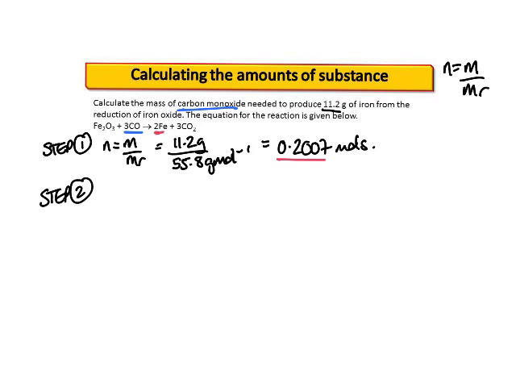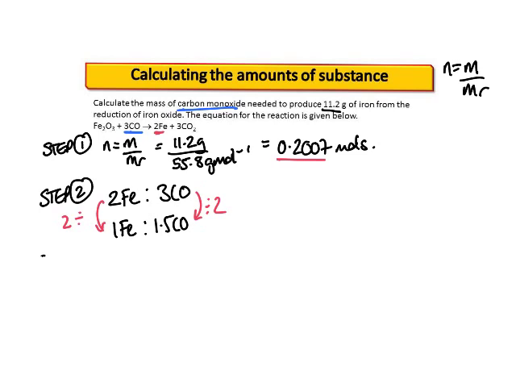So we can use the ratio that 2 iron gives 3 carbon monoxide. As you can hopefully see, we can simplify this by dividing both sides by 2. This gives us an easier ratio to work with, so 1 iron gives 1.5 carbon monoxide.